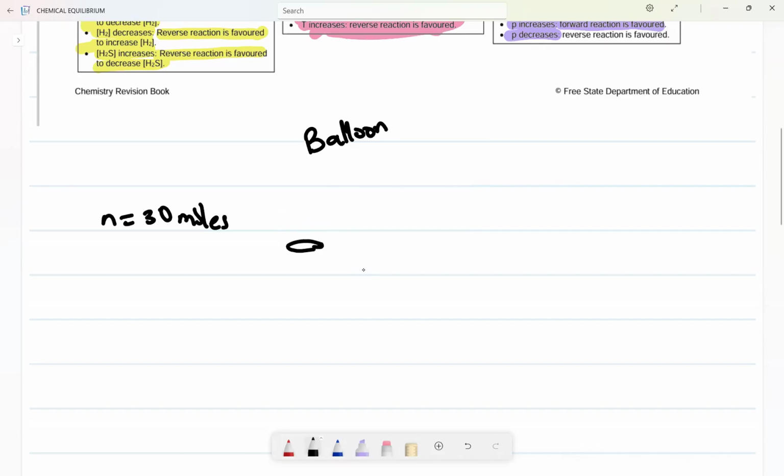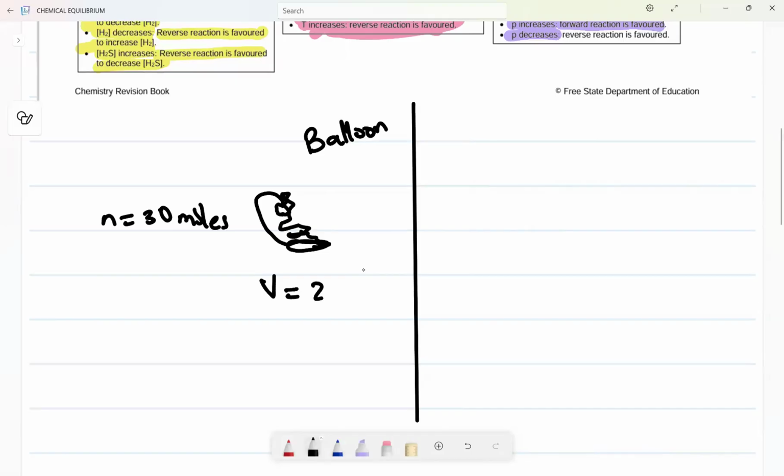I want a small balloon. I don't know how to draw. Let me do it like this. It is a balloon that comes from the store with no shape. The volume here is 2 decimeter cubed.